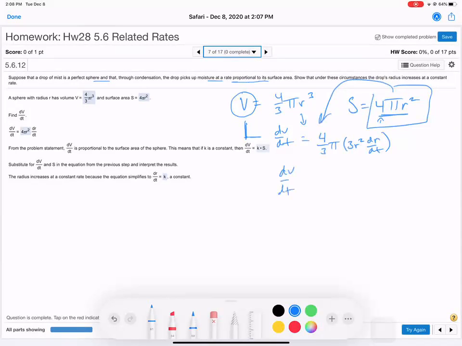Let's simplify dV over dt. The 3's divide out, and we're left with 4 pi r squared dr over dt. Okay, and that's all they wanted us to do.